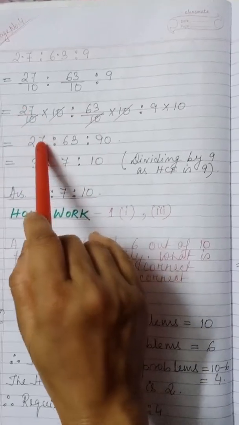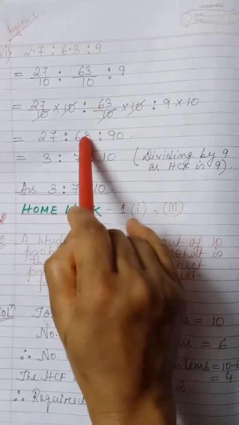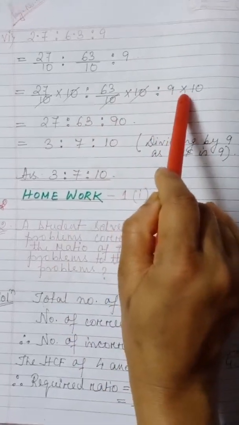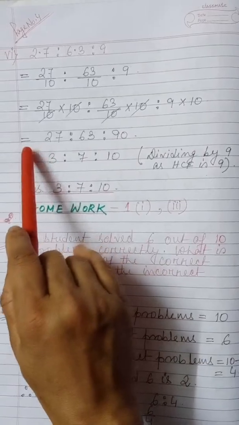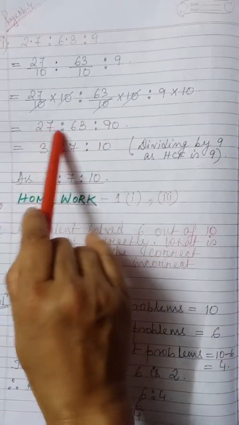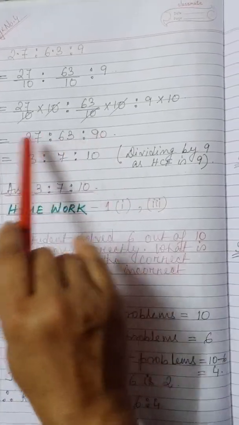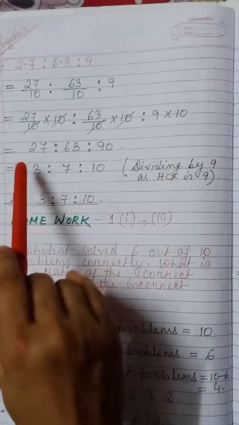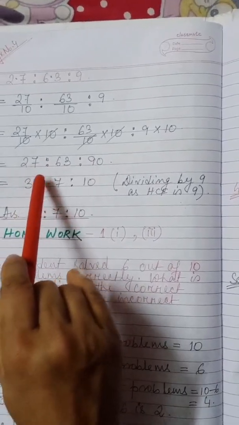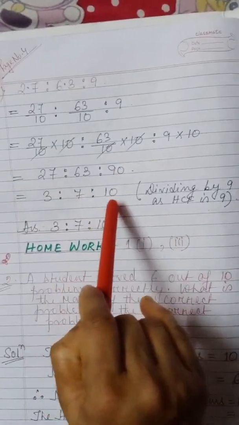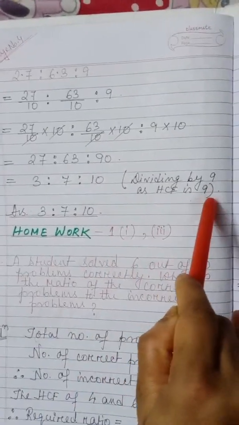The 10 gets cancelled, leaving 27 is to 63 is to 90. Then divide all the terms by 9. Then 3 is to 7 is to 10, as the HCF of all the terms is 9.